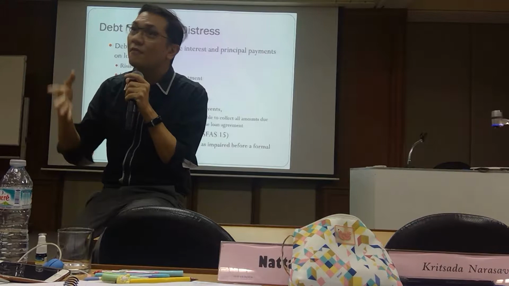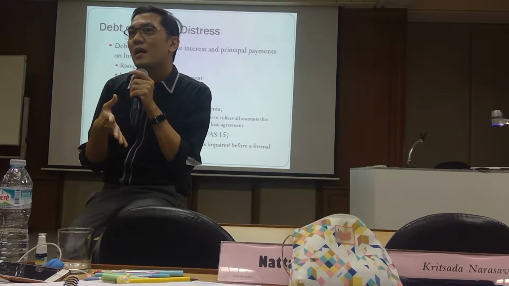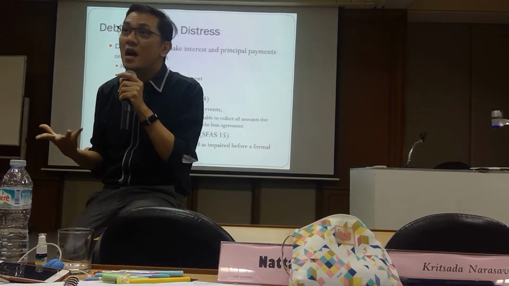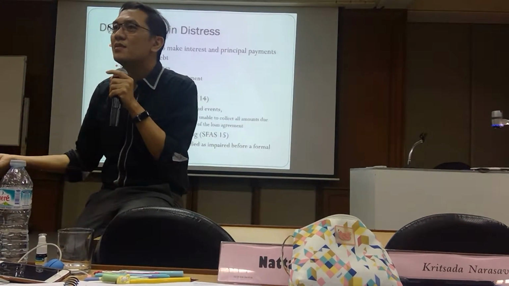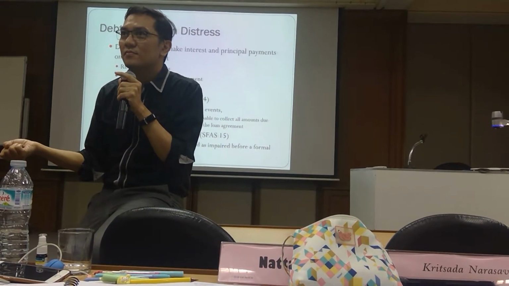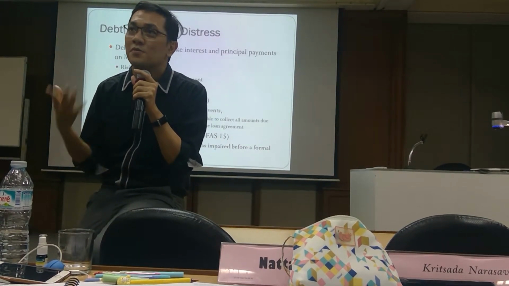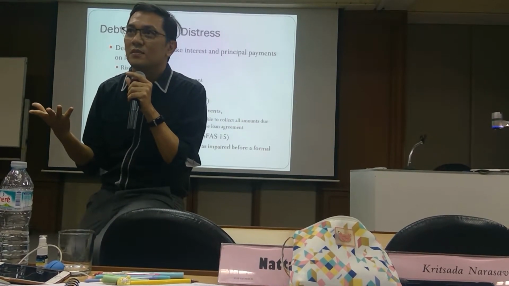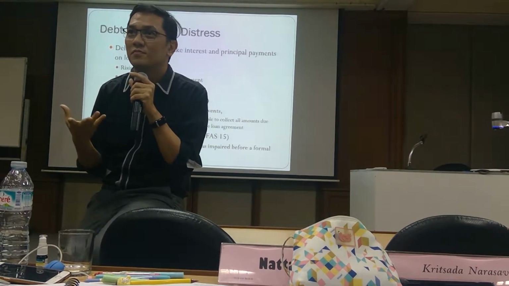You can set up an allowance, you can set up impairment. And then what if the impairment is not enough? That firm comes to say to you, well, I'm going to go bankrupt. I cannot pay you like I used to. Now it's time to restructure the receivable.